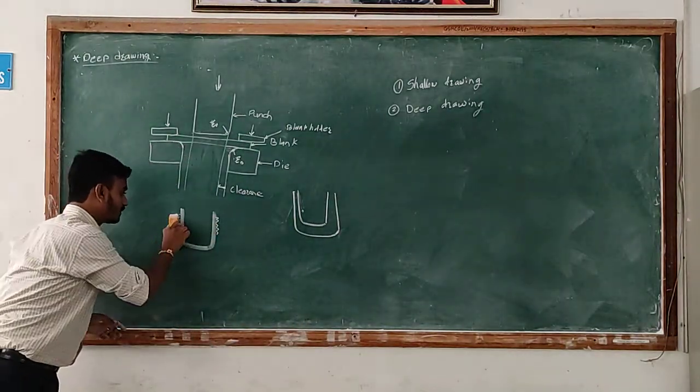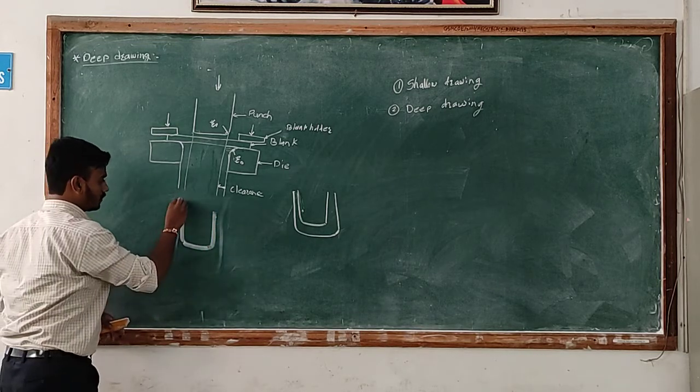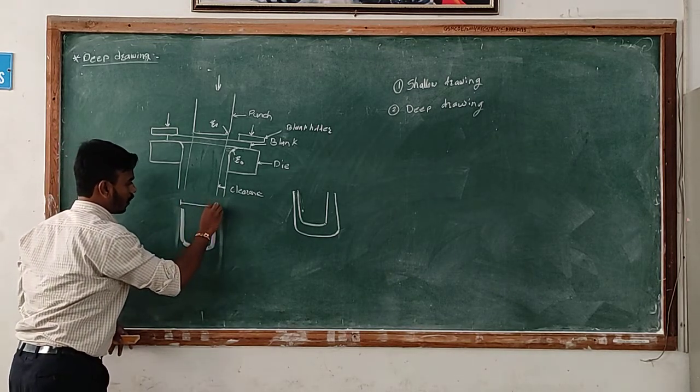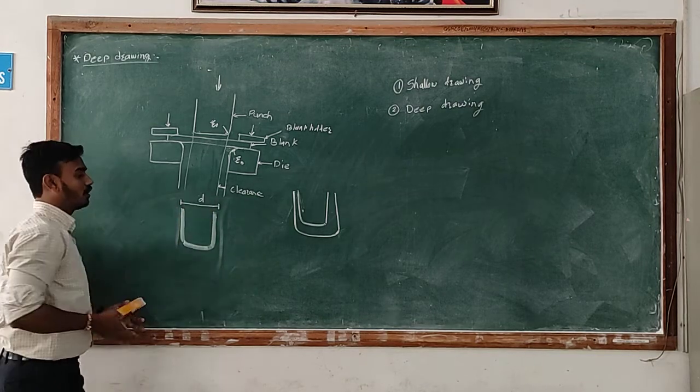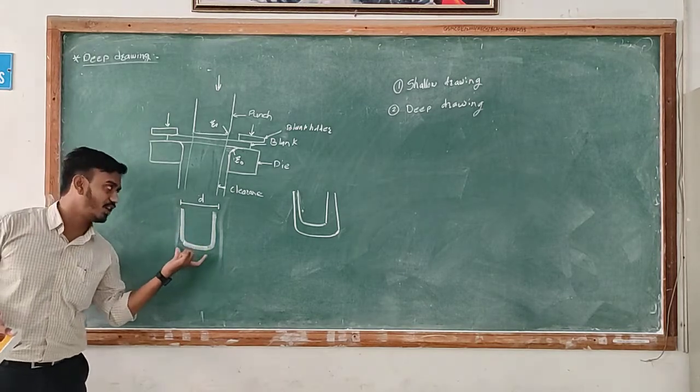If we see, this is my desired output product, and this is the outer diameter. For further processing we will call it a shell.